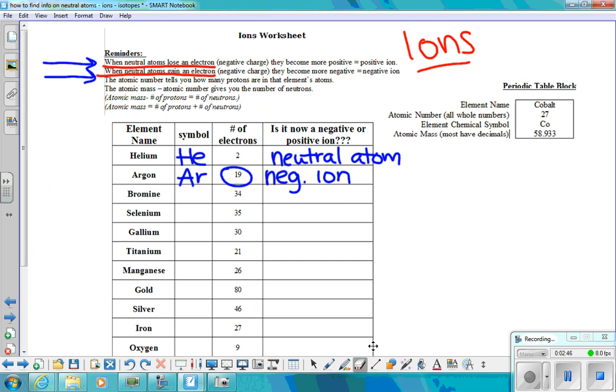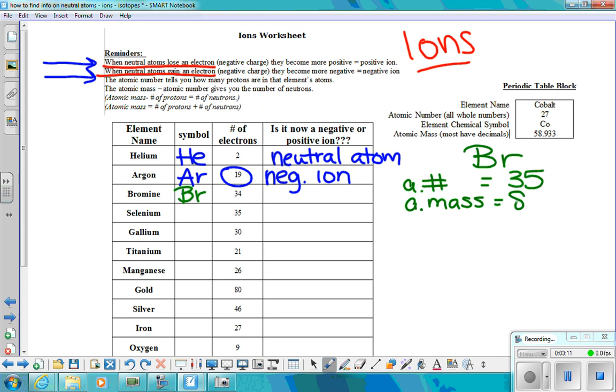So this time, let's talk about bromine. First of all, we want to go back and look at what a neutral atom of bromine might look like. So bromine, and I'm just going to write Z for atomic number, and A for mass. What's the atomic number for bromine? 35.